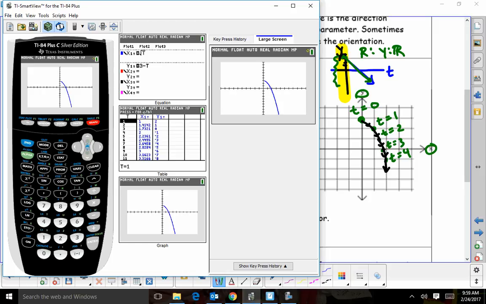So it kept going. If you had 10, it actually stopped. Okay, but that doesn't mean it actually stops. That's just what you told it to do. Okay. So that's the parametric. And did you see the direction it moved? The same way that we just talked about.